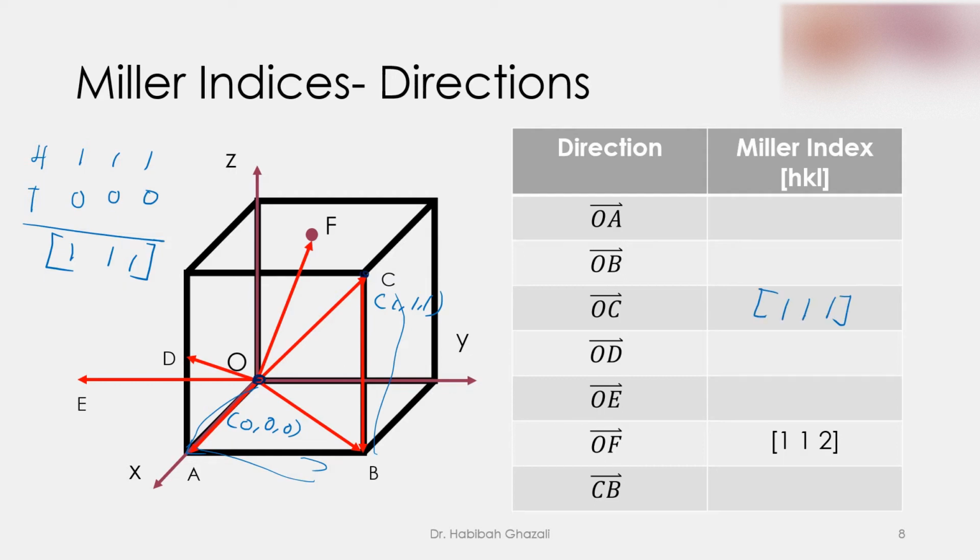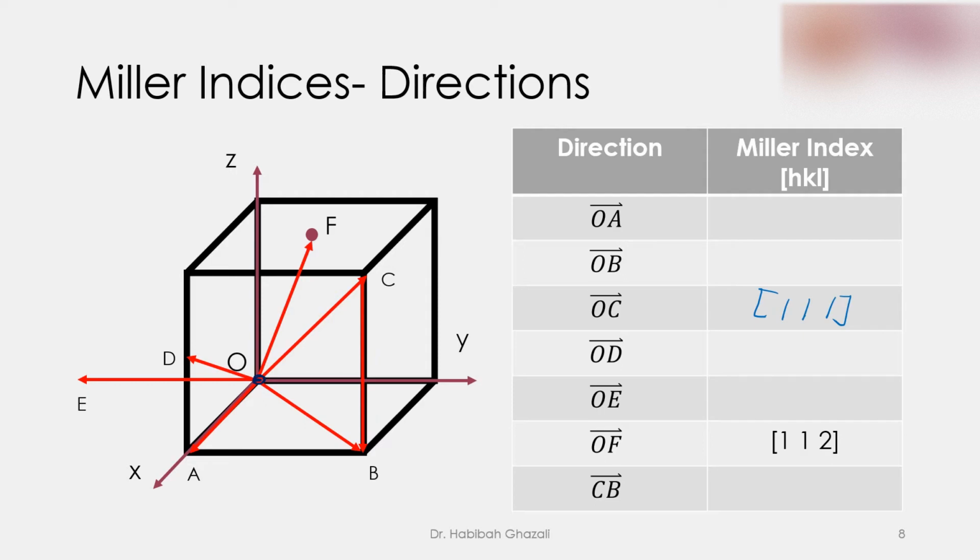Another one that I would like to do is this CB, direction CB. I will erase the one we just did so we have some space here. Again, what you need to do is find the coordinates of the 2 points.